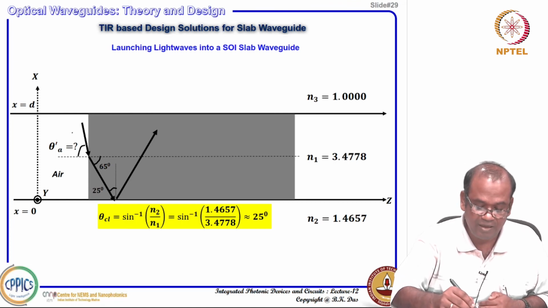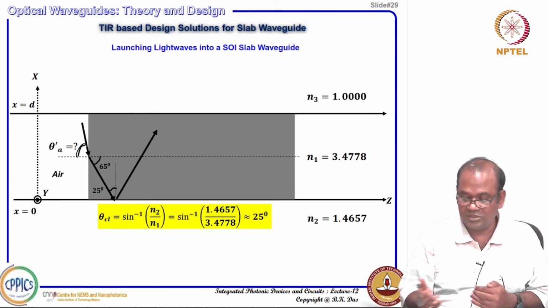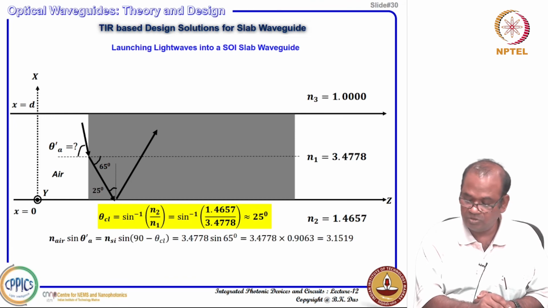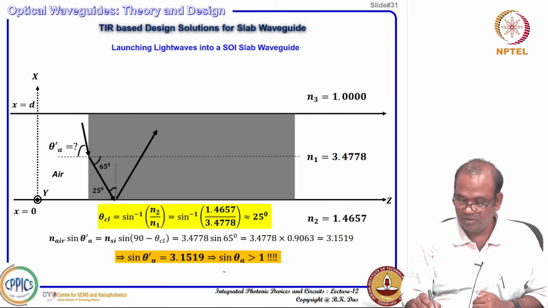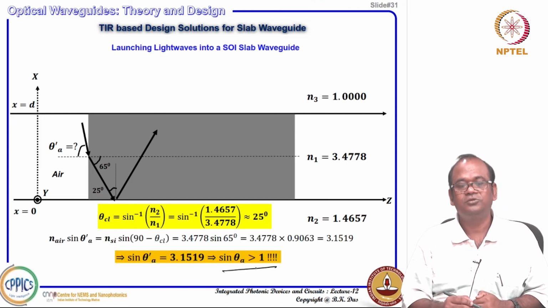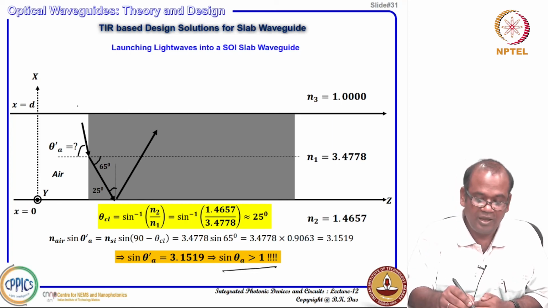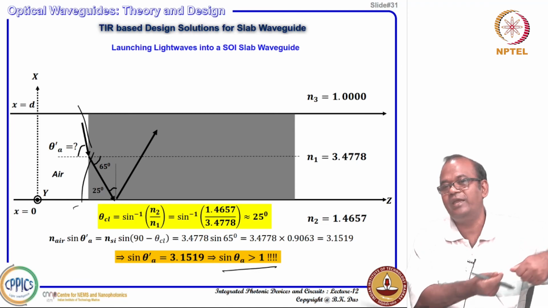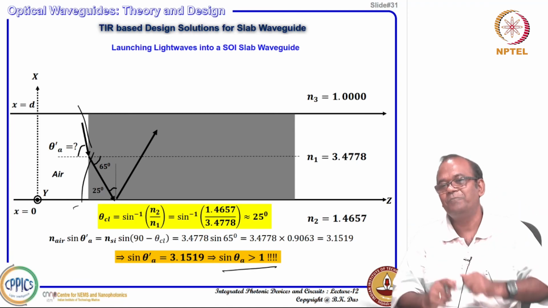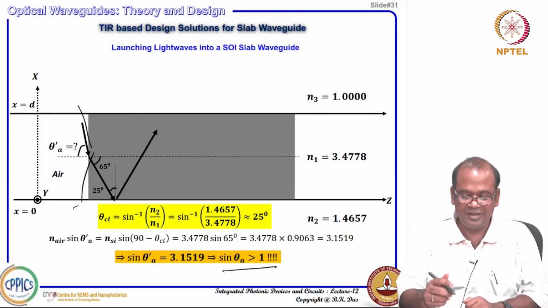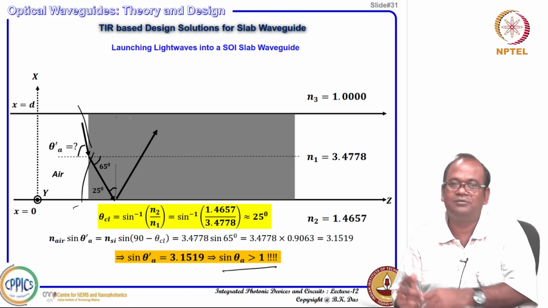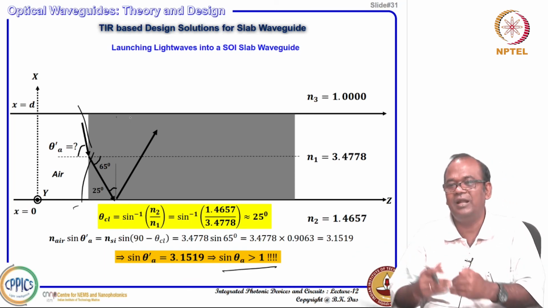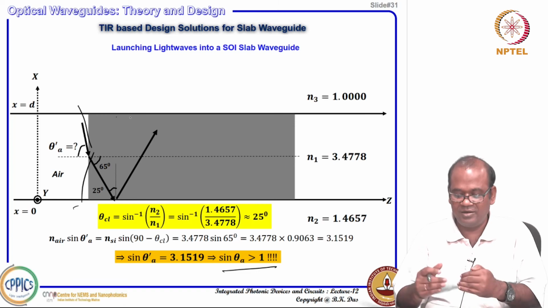Here theta A prime also, in this calculation, is coming greater than 1. So on this side or this side, in any direction you launch, it will satisfy more than the critical angle at both interfaces, and that will be guiding. That is very interesting, easy to couple light inside the silicon device layer.